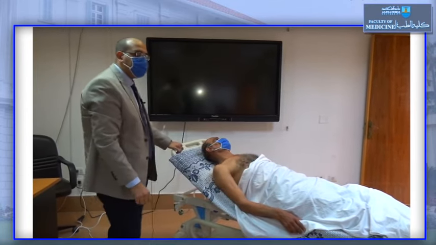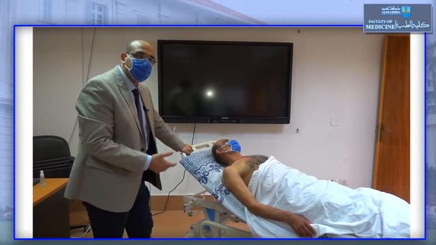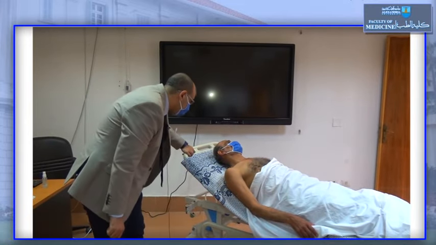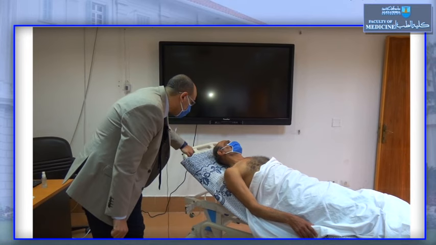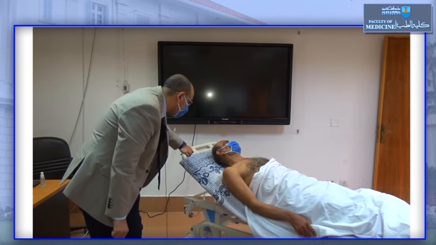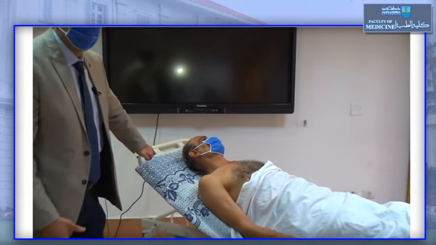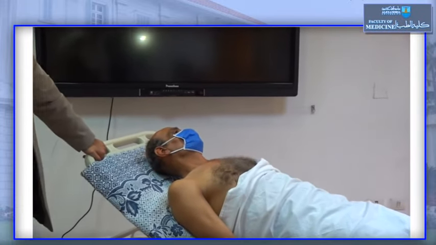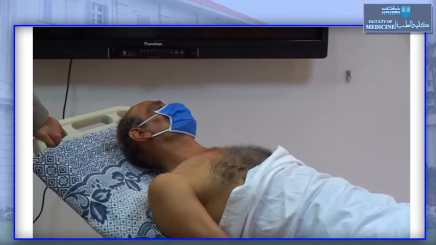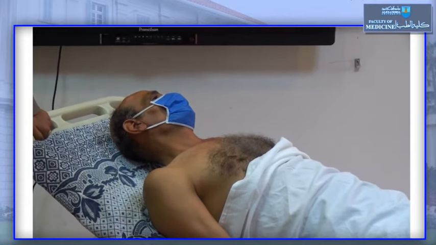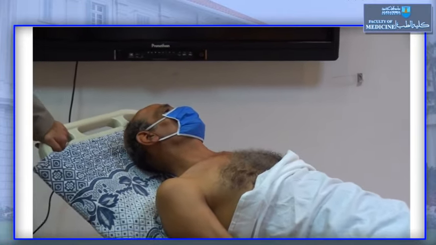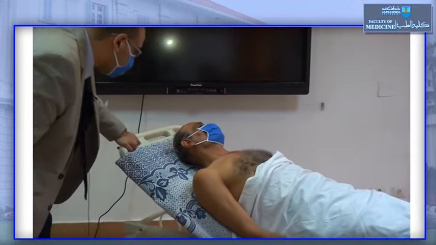After that, we comment on the relation between the neck veins and respiration. Here we find that there is inspiratory emptying of the neck veins. There is emptying of the neck veins during inspiration. And the last one is whether there are abnormal neck vein pulsations or not.